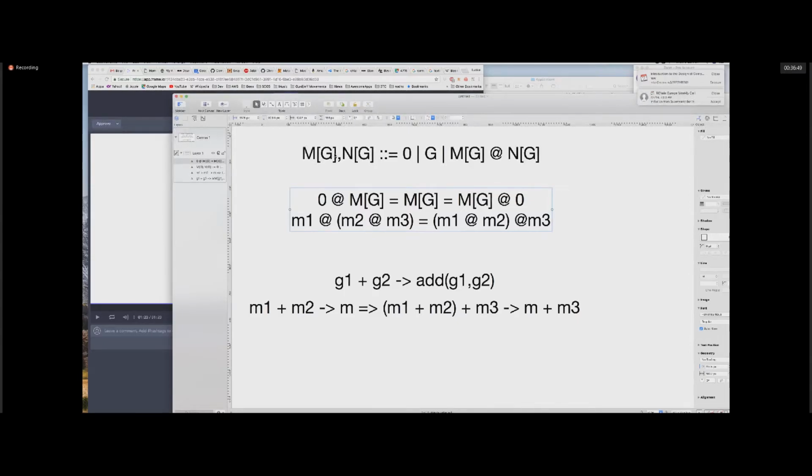grammars and types are the same thing. So parsing and type checking are the same thing. That's something that's really important to internalize. Grammars and types are the same thing.